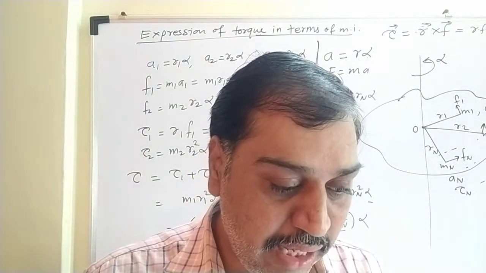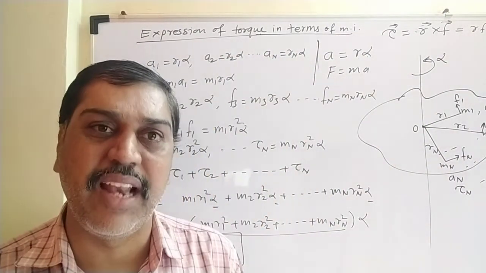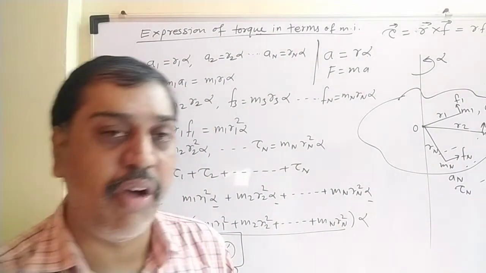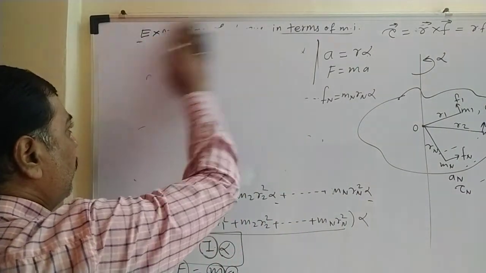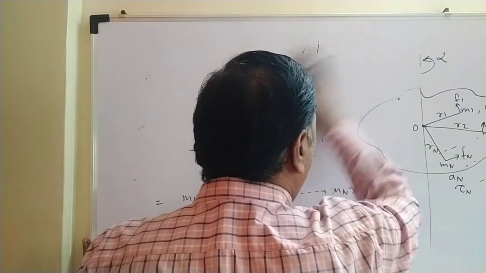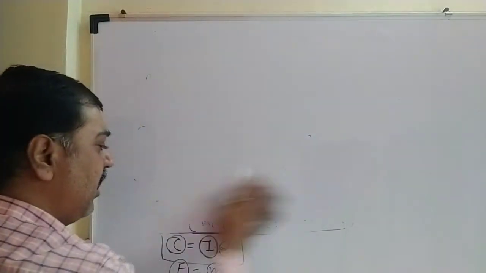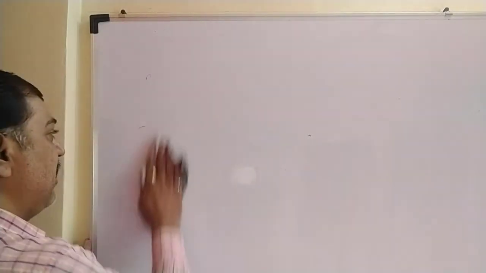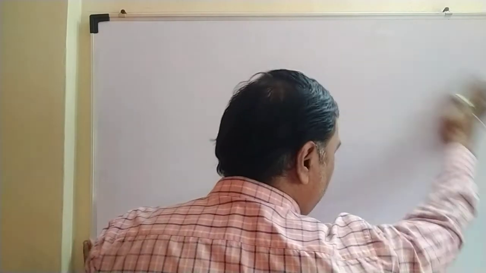Apart from this, the next, or we can say last, topic of our syllabus is conservation of angular momentum. So let's go to the next topic. How is angular momentum conserved? If you remember, in 11th standard we learned the principle of conservation of linear momentum. I asked the same principle in the examination also.